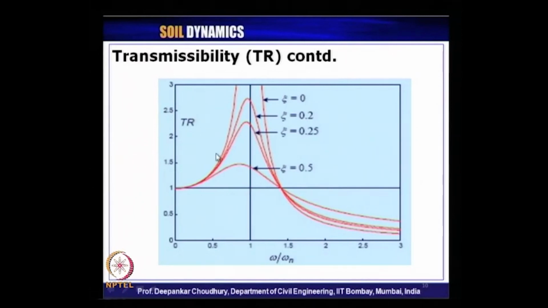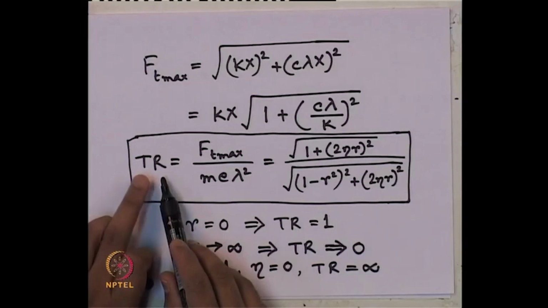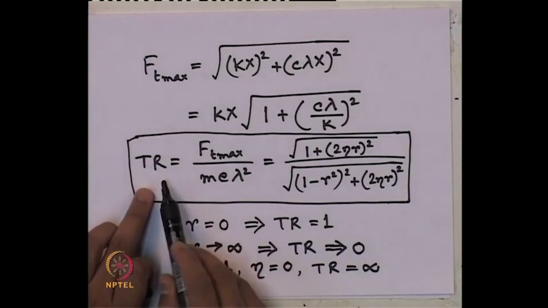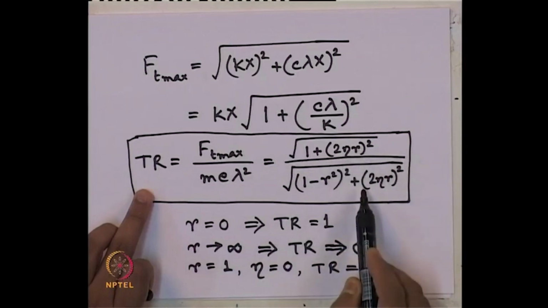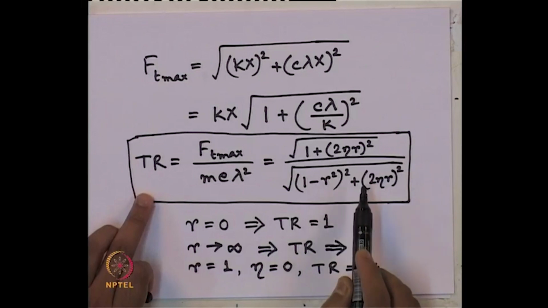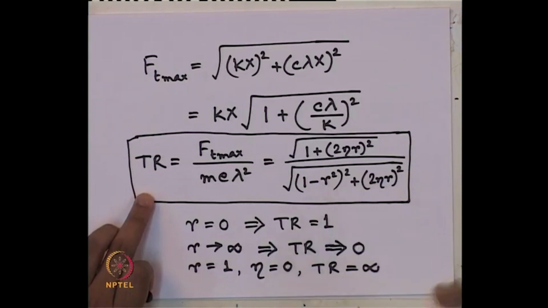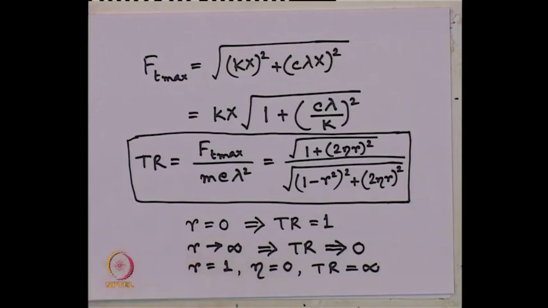It is a very easy exercise. I can give you the hint. Let us look at this sheet. We put transmissibility ratio TR equal to 1 here and simplify it. It will give you 2 values of R, because it is a second order equation. One value will be R equals 0, which we have already seen, and the other will be a non-zero value of R. That value you need to find out.